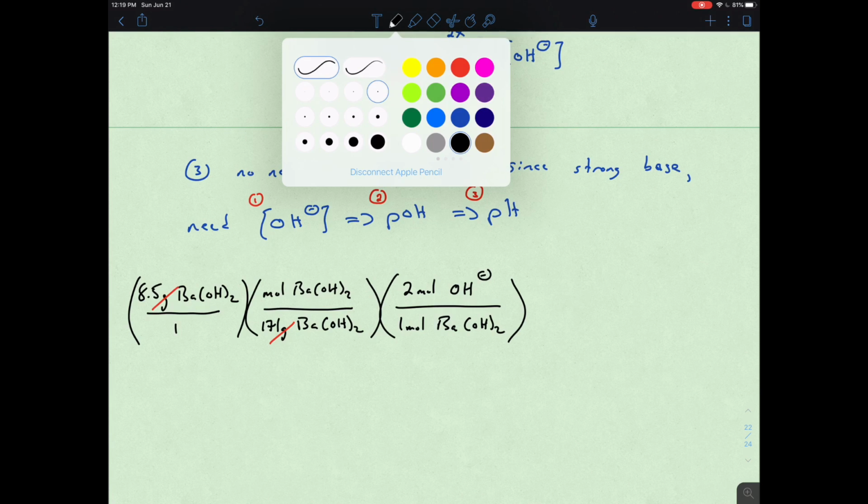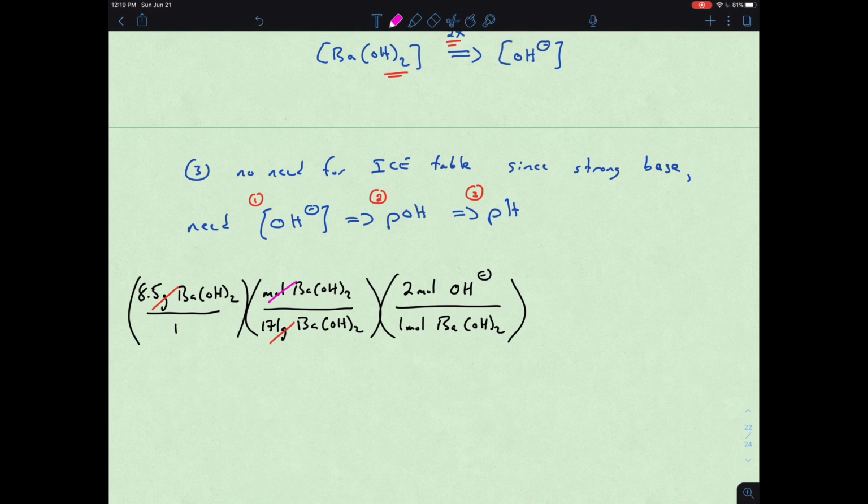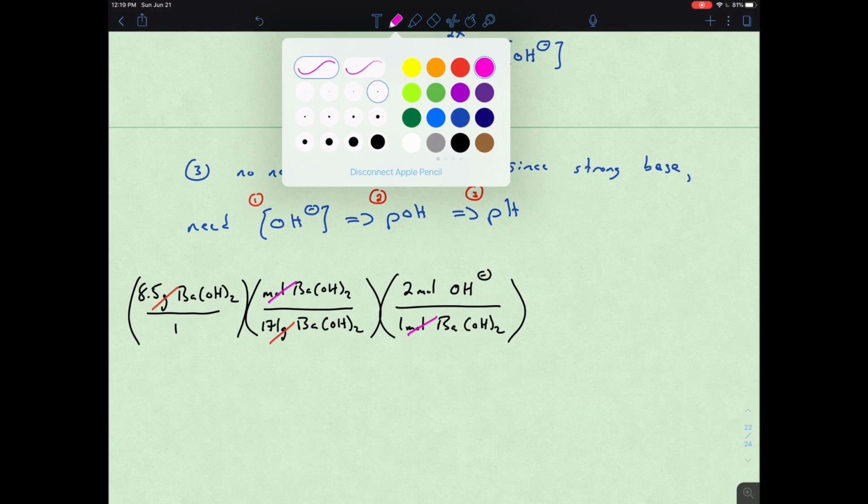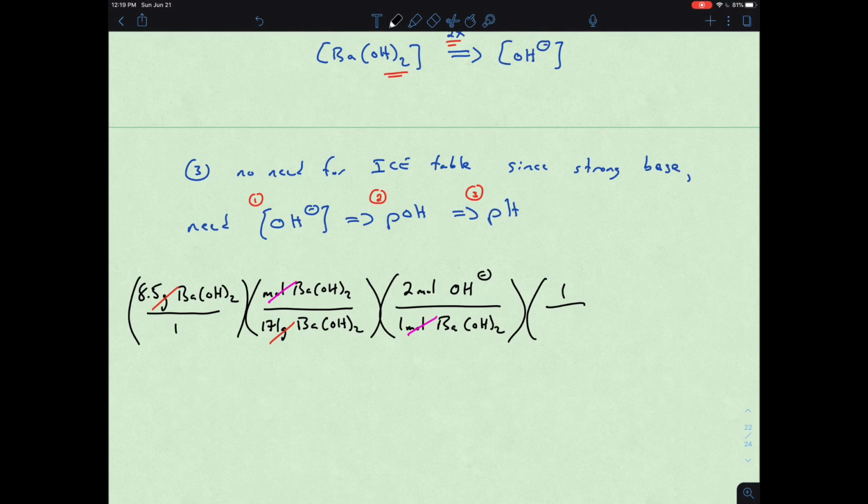Now with our moles of barium hydroxide converted to our moles of hydroxide, we can simply divide by our volume of 0.75 liters to get the molarity of the hydroxide, which is 0.132 molar. So that's really the first piece, right, is getting at that concentration of hydroxide.